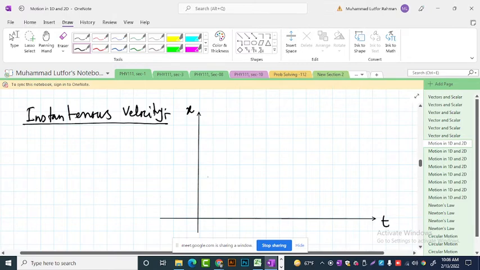Say a car is traveling. I'm labeling this one: this is t1 time, this is t2 time, this is t3 time, this is t4 time, and this is the t5 time.